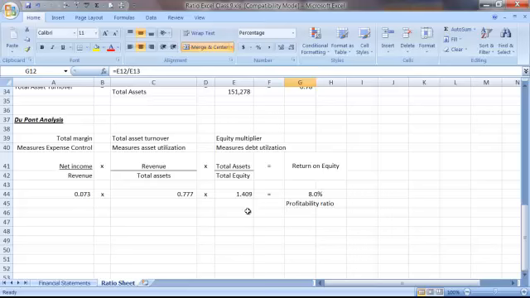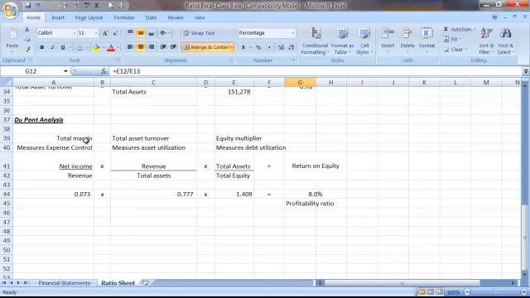So it's almost like variance analysis, where you can go in and see what components of the return on equity are making it good or bad. You could be very good on your net income to revenue, your total margin, but bad on your total asset turnover. And then you can see what part of your financial statements you need to start improving.